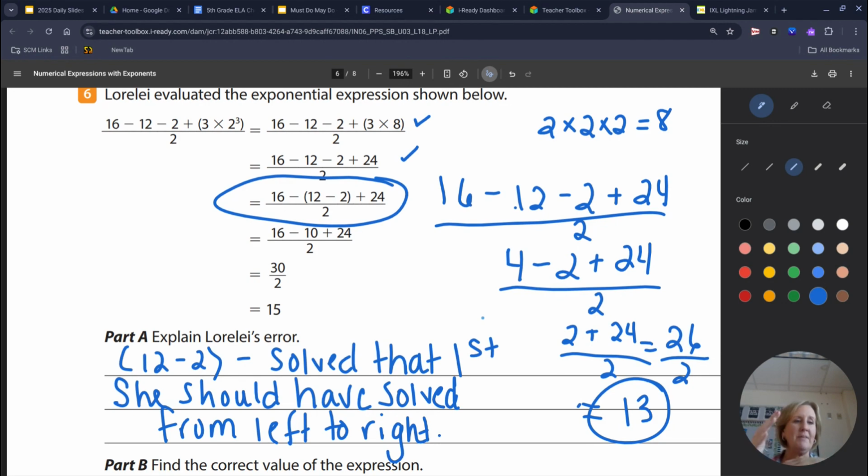Meaning, if you have a fraction, then do all the steps in PEMDAS for your numerator, or maybe you have some PEMDAS steps that need to be solved in your denominator, but you do all those separately and then divide.